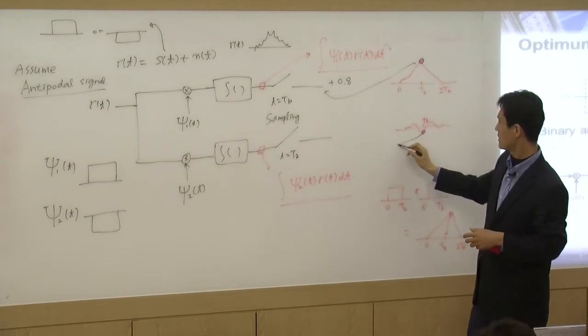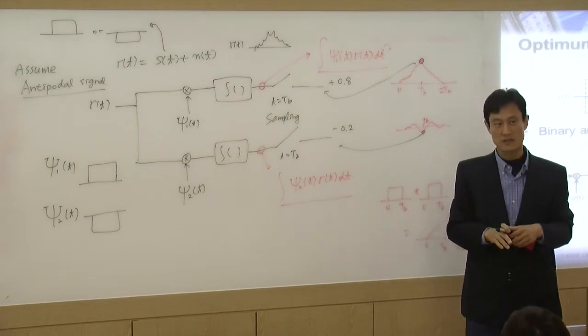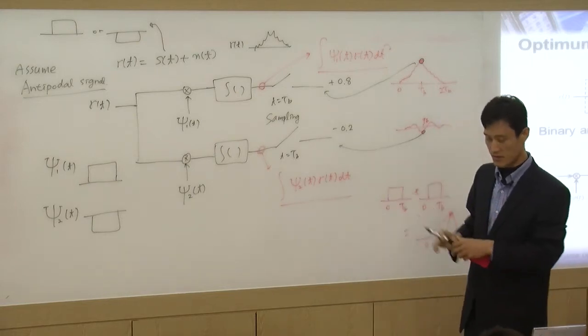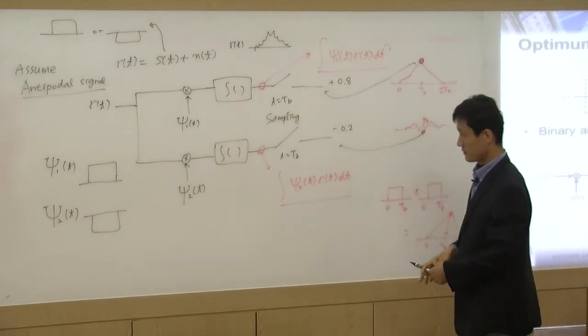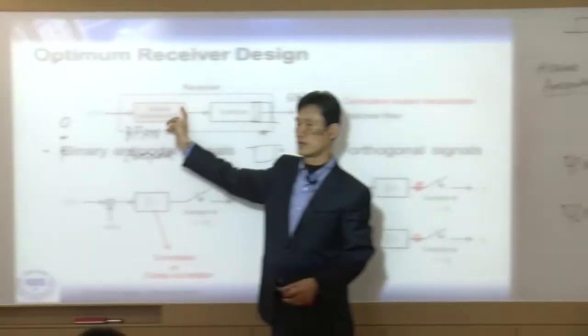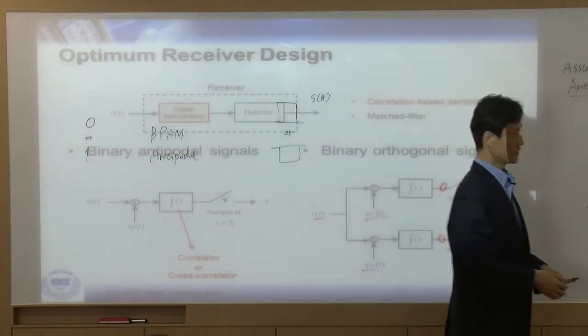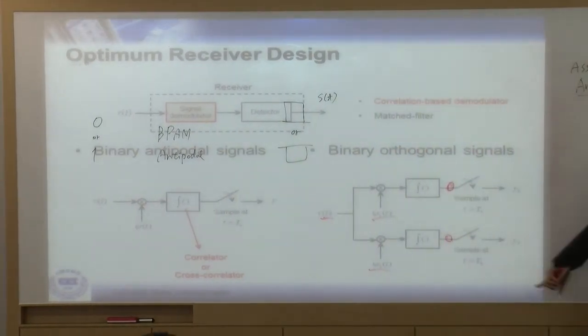You're going to get this value right here, for example negative 0.2, something like this, right? You're going to get some value after sampling. That's what is happening inside this demodulator. So that's the internal structure of the signal demodulator.